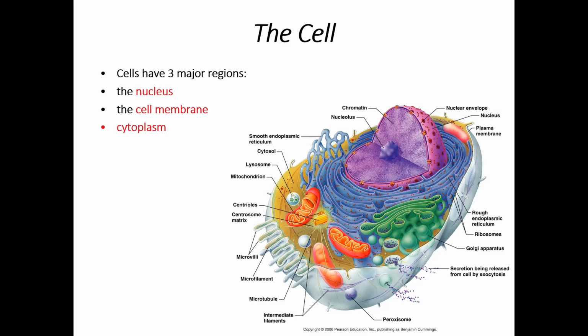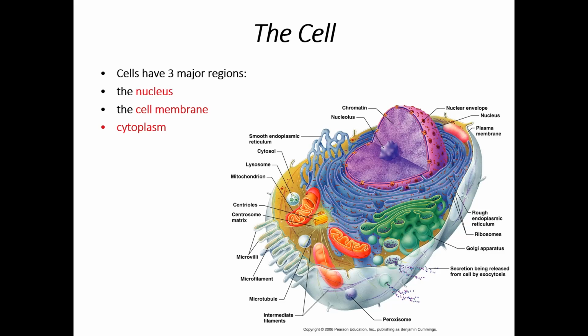It's sort of thick and runny, and it suspends all these little structures inside the cytoplasm called organelles that do things for us. We specialize in organelles that will break down carbohydrates to release energy, or we'll have ones that are specialized in how to make proteins for us, or we'll have organelles that fight infections.